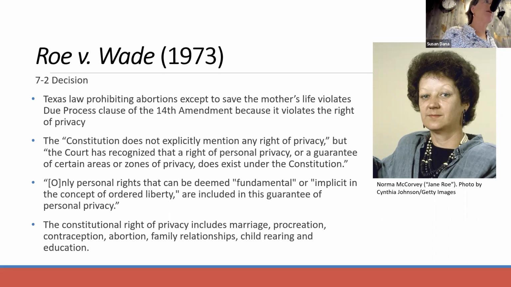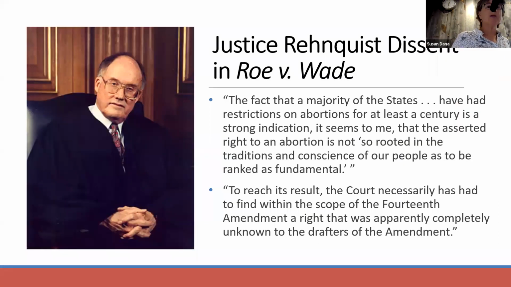But Roe has also been criticized for explicitly finding a right of privacy in the 14th Amendment that was not explicitly there in the text and was not intended by the people who wrote and ratified the 14th Amendment. And so Justice Rehnquist, as one of the two dissenters, was very explicit about that.